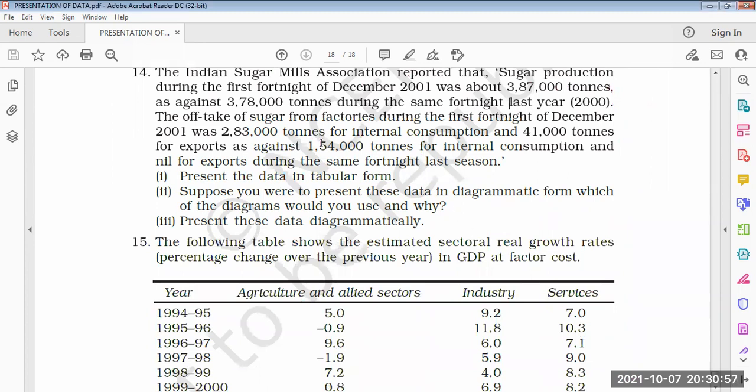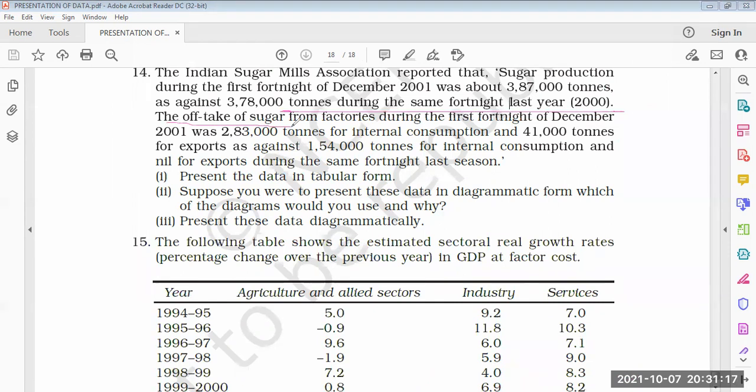The Indian Sugar Mills Association reported that sugar production during the first fortnight of December 2001 was about 3,87,000 tons, as against 3,78,000 tons during the same fortnight last year.